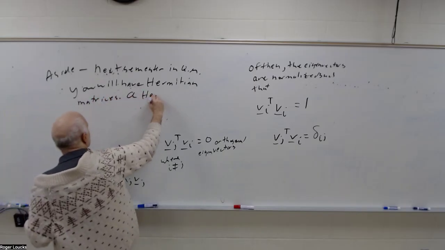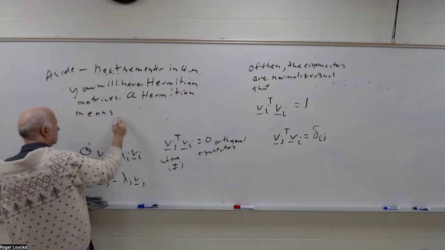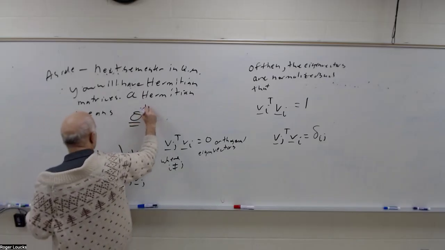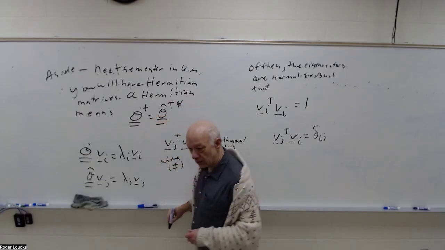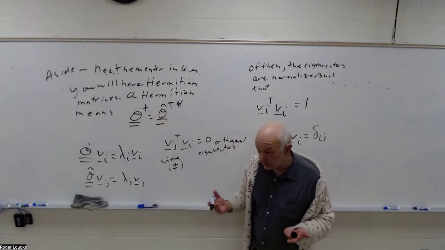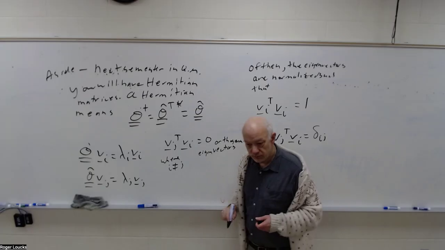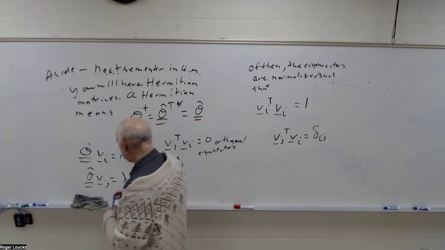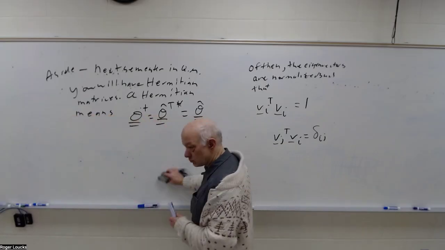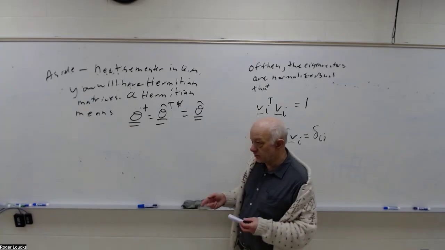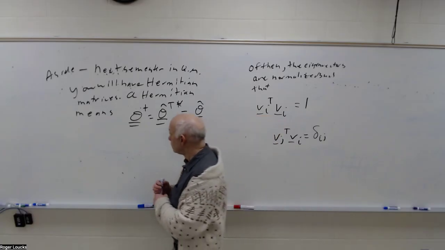A Hermitian matrix means O dagger, which is composed of two things: the transpose followed by the complex conjugate, or the other order, it doesn't matter, equals O. That's Hermitian. It's the quantum mechanical analog of a symmetric matrix.